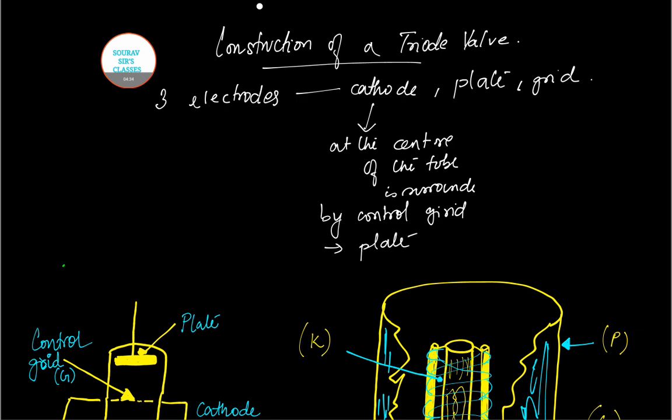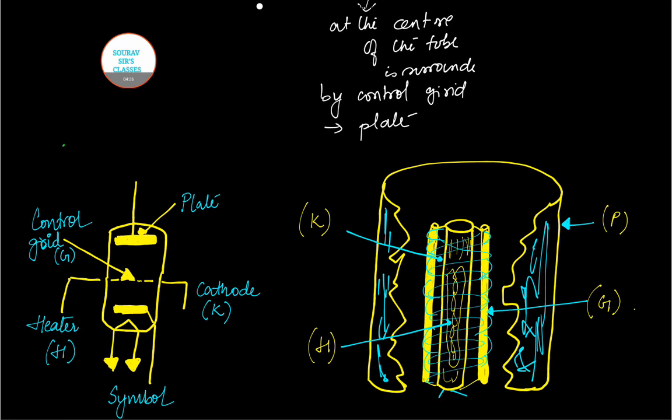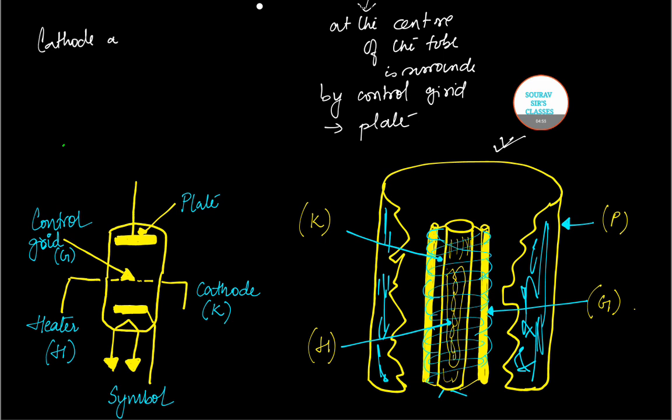As you can see in the diagram, this is how it looks. This is the cutaway view and this is the symbol. Okay. So the cathode and plate have similar construction as for a diode.